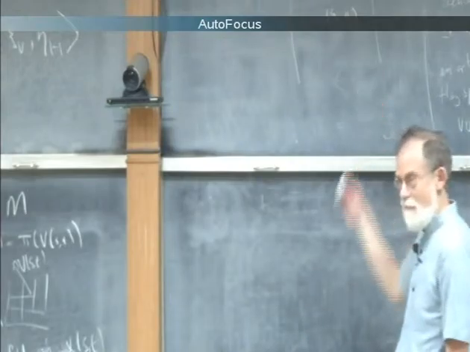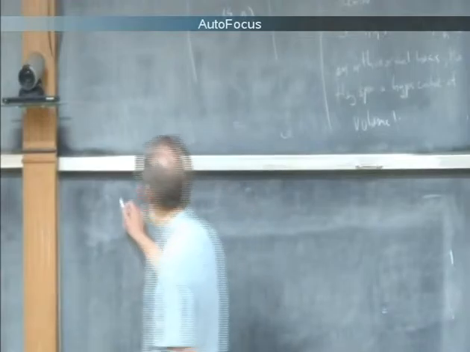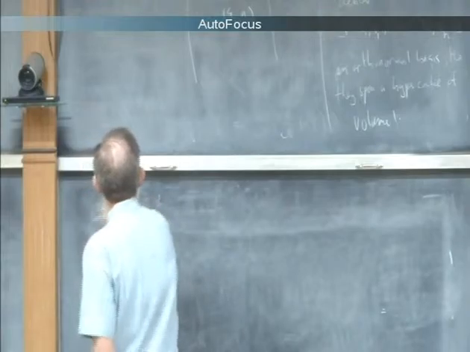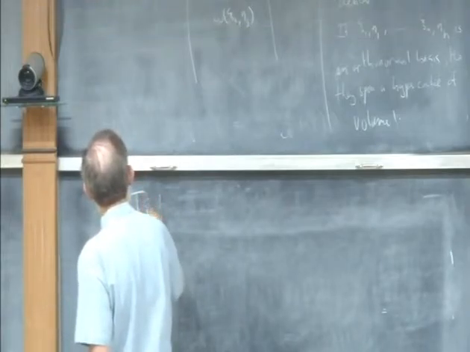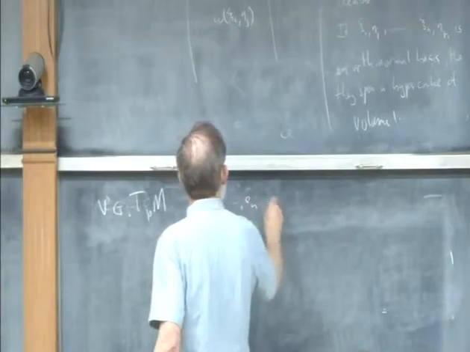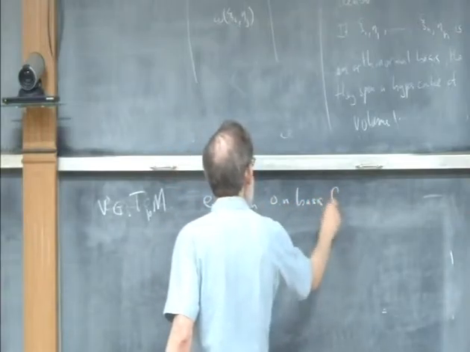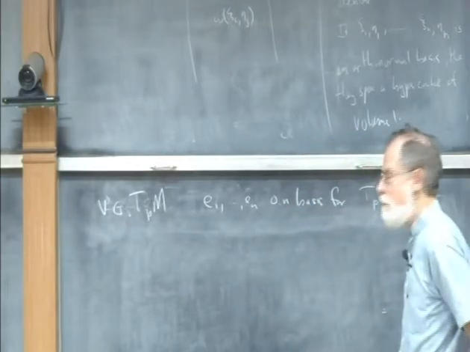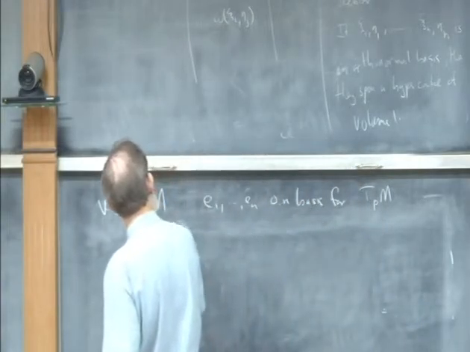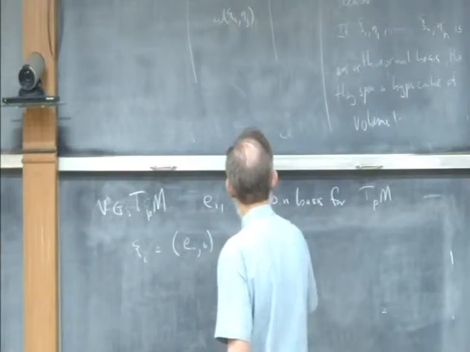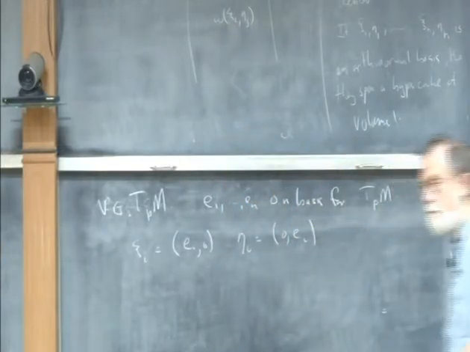I think what I'm about to show is how you see it in general. You just pick the right basis. Suppose v is in T_pM. I want to pick e1 up to en, an orthonormal basis for T_pM, and then I want to pick xi i to be (e_i, 0) and eta i to be (0, e_i).